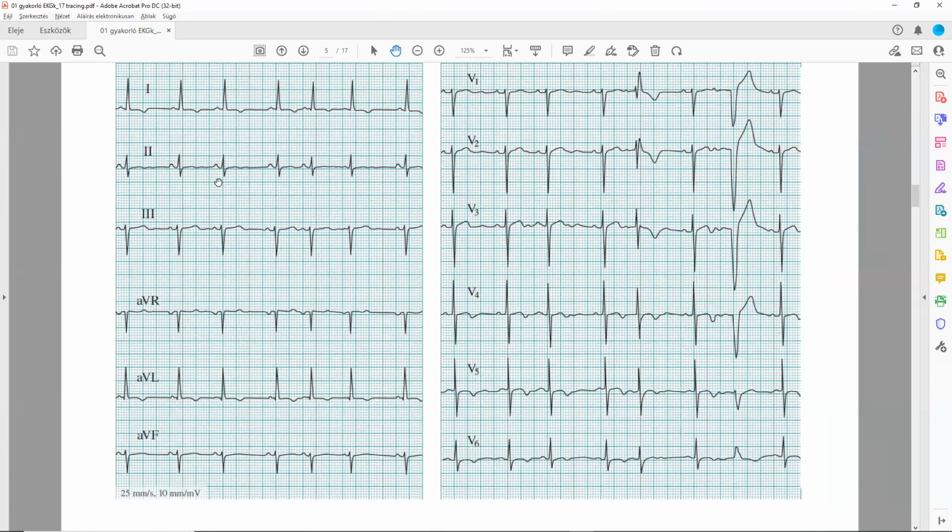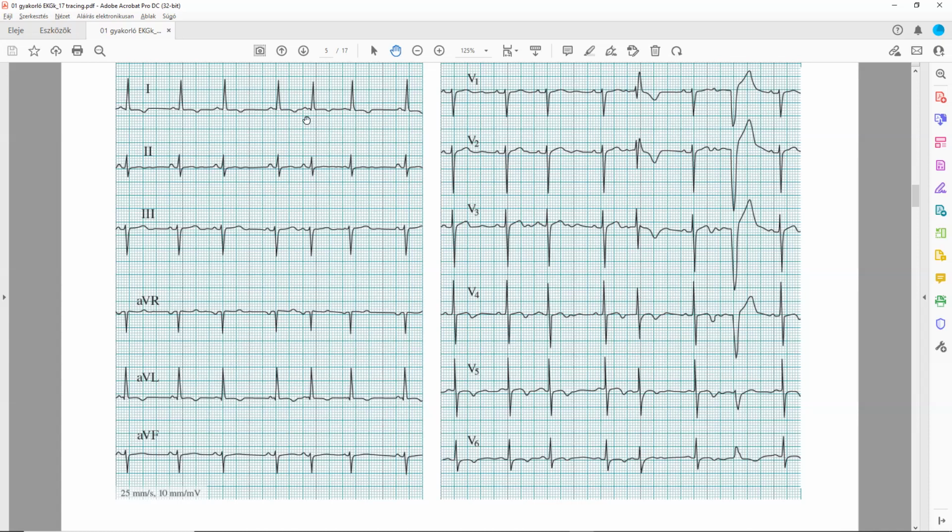If you go down and look at all the leads, you can say that this P is located in front of the QRS, but is not identical to the sinus P waves. So this means it is coming earlier, so that's a premature beat. And because we do have a P in front of it, we can say that's an atrial premature beat because it did not come from the sinus. This is a sinus beat.